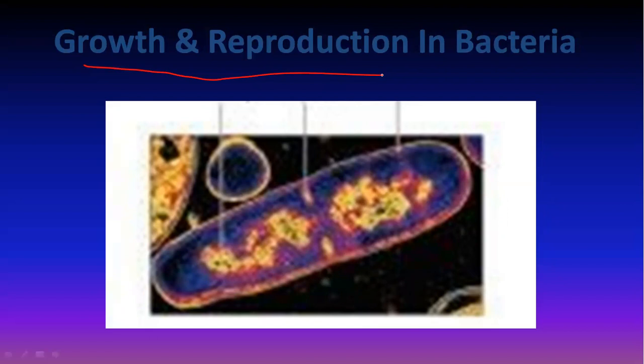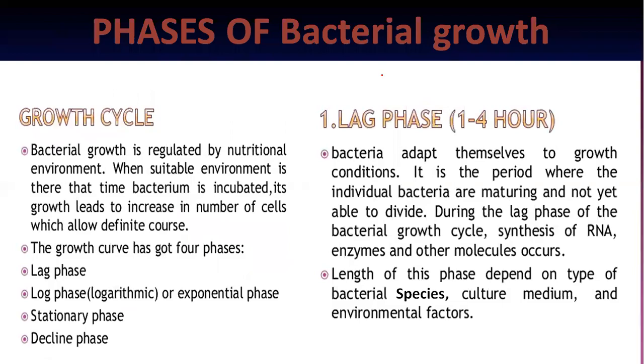Our next topic is growth and reproduction in bacteria. First of all, we will talk about growth, because growth is different from reproduction. Bacterial growth is regulated by the nutritional environment. If there is a healthy environment for bacteria, they grow very well.